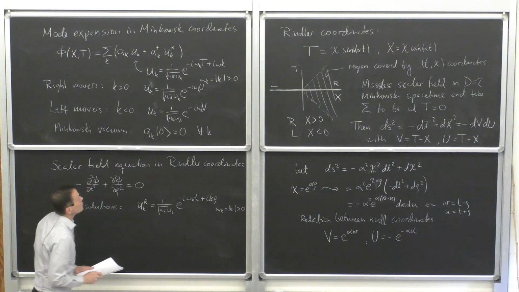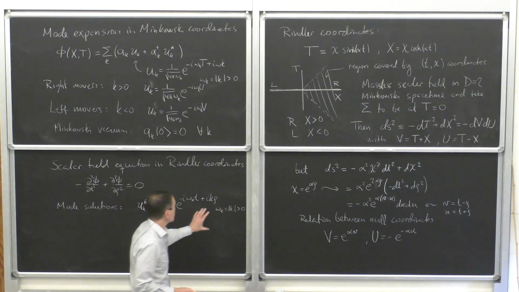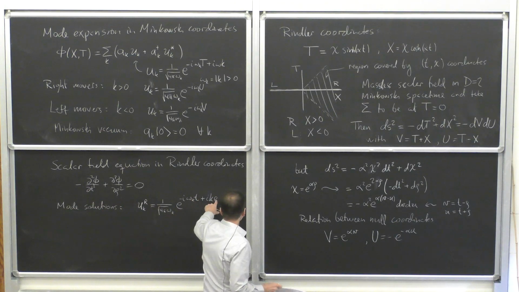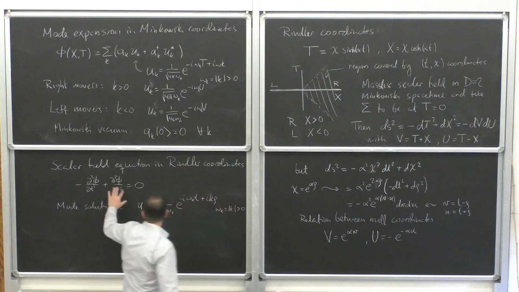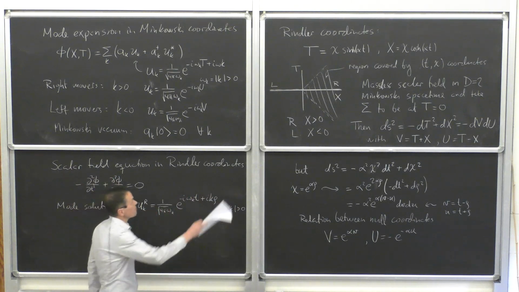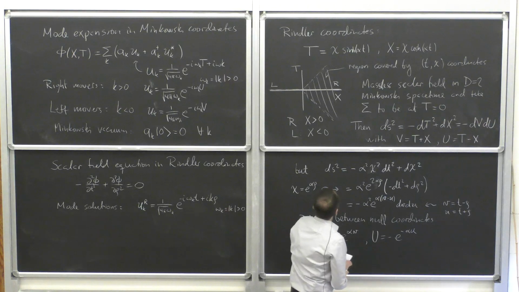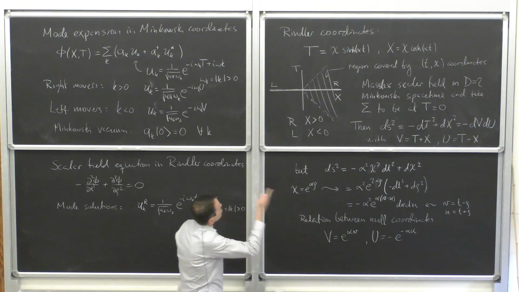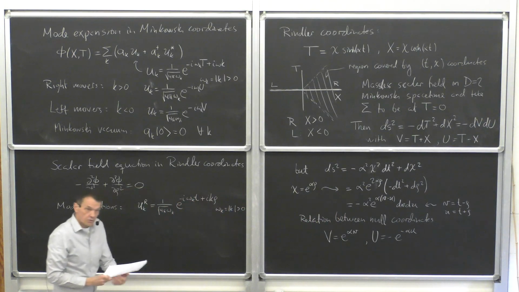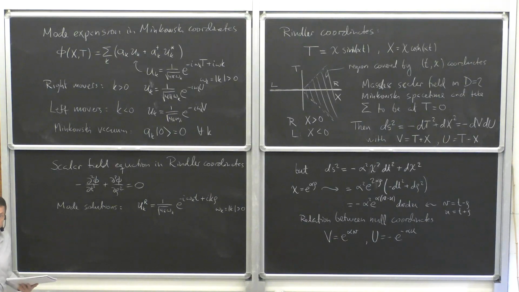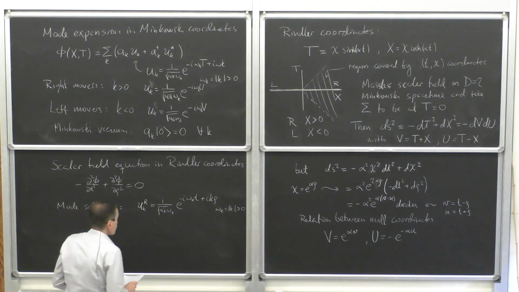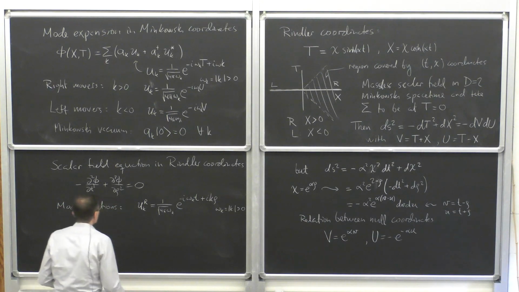So I can have modes with respect to the Rindler coordinates, which you would call left and right moving here. But of course, if I map them back, they are moving either towards the origin or outwards, because rho is a radial coordinate.